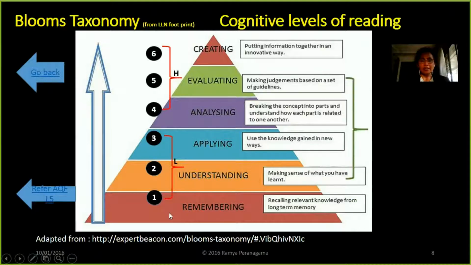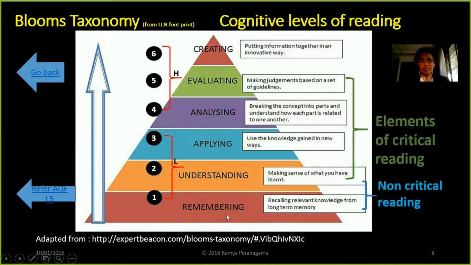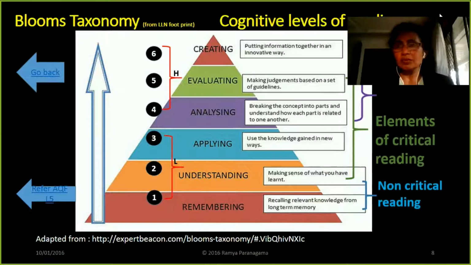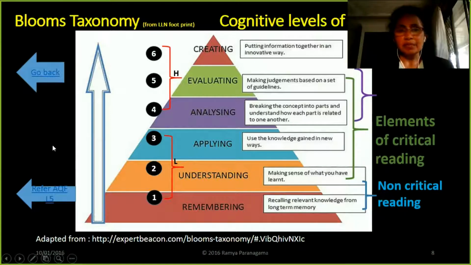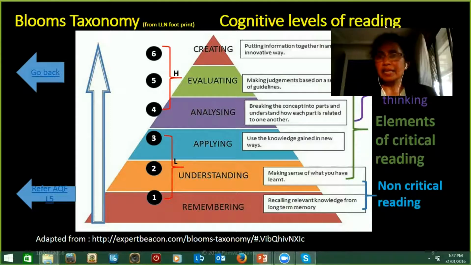Here I highlighted the areas involved in critical reading at that point. I also said that is non-critical readers, but I pointed out that these are the two areas responsible for critical thinking. Critical thinking elements were clearly highlighted at that point.